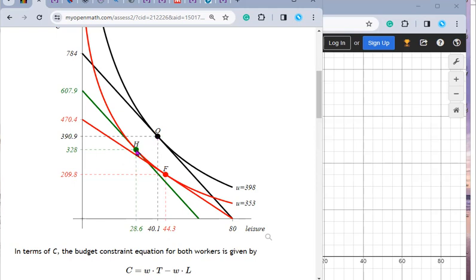At this point, the indifference curve is steeper than at this point. So we're keeping utility constant as we change the slope of the indifference curve, which means as the wage rate declines, the slope of this indifference curve shrinks, right? So from H to F is our substitution effect. From O to H is our income effect, right?